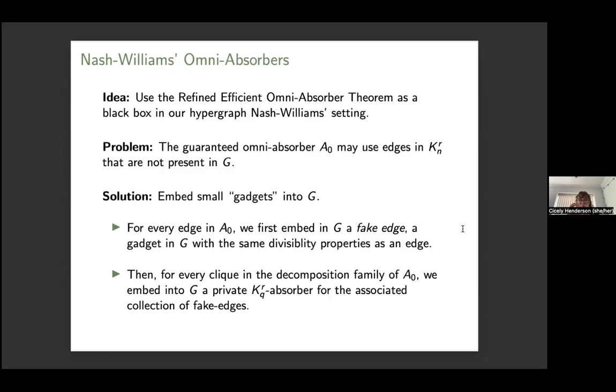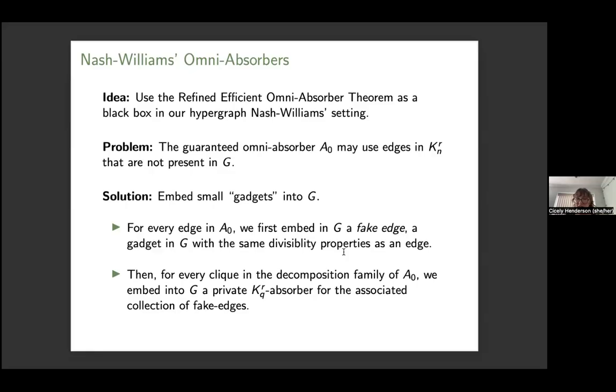So if the omni-absorber wants to use this clique, instead we say, no, sorry, you have to use these fake edges that are now actually legitimately in G. But the fake edges might no longer have this lovely property of the omni-absorber where they have a decomposition. We just know that they have the same divisibility properties, so they are decomposable. And that's where, on top of those, we embed private absorbers to handle the fake edges.